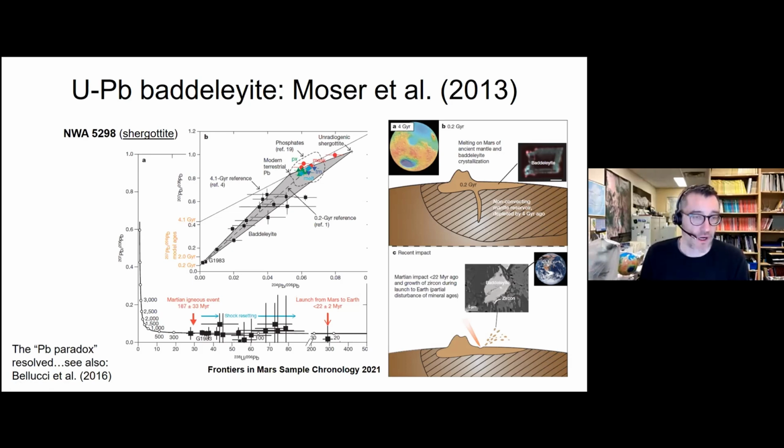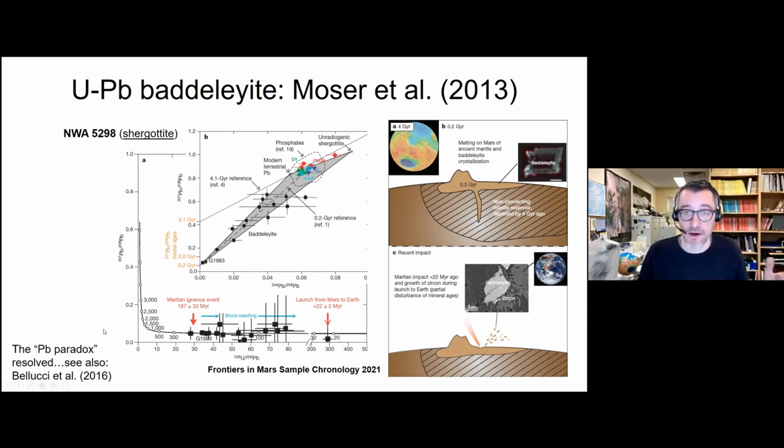They furthermore, with the lead systematics as shown in the inset here, show that while the radiogenic component in the sample is young, the unradiogenic mineral analyses record mixing of distinct common lead components. That follows the suggestions of Bellucci et al. and is further strengthened by subsequent work by Bellucci et al. in 2016, including the lead paradox resolved.